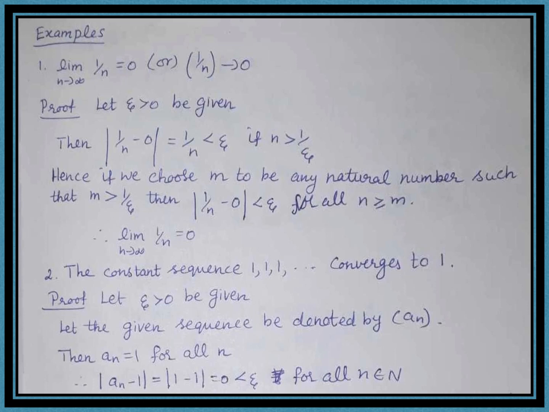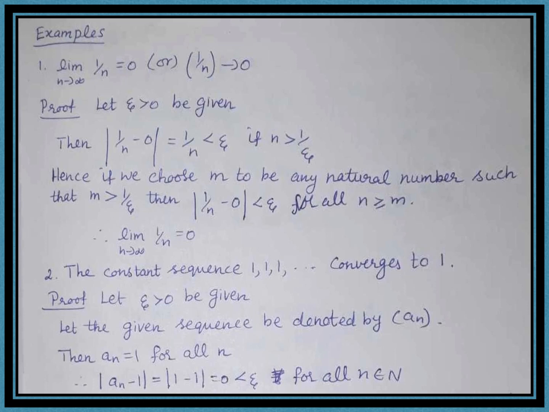The first problem is, we have to prove that limit n tends to infinity of 1 by n equals 0, or sequence 1 by n converges to 0. So here we are given that L is 0. As per definition, we have to select epsilon, a very small value that is greater than 0.